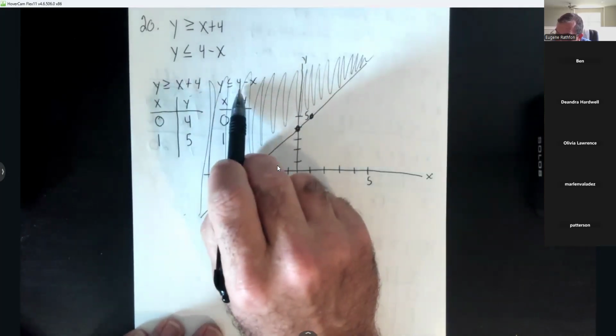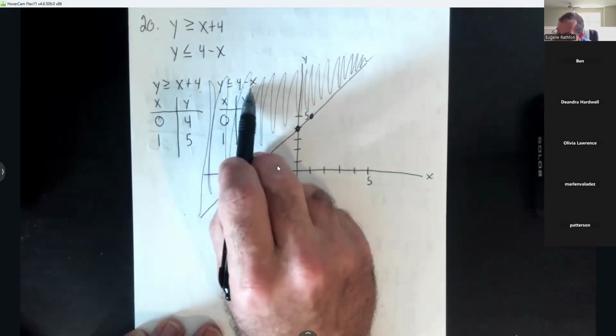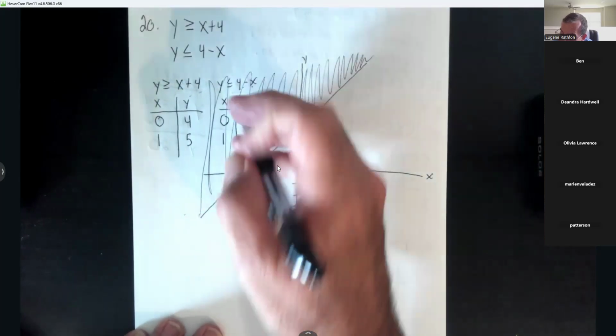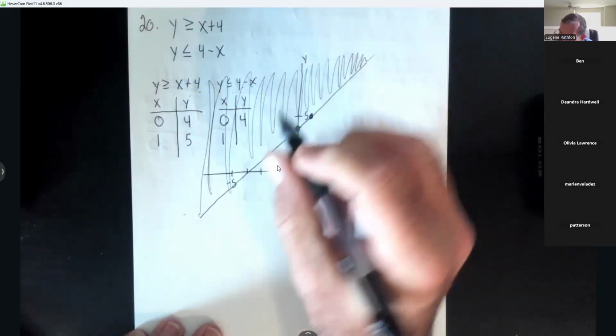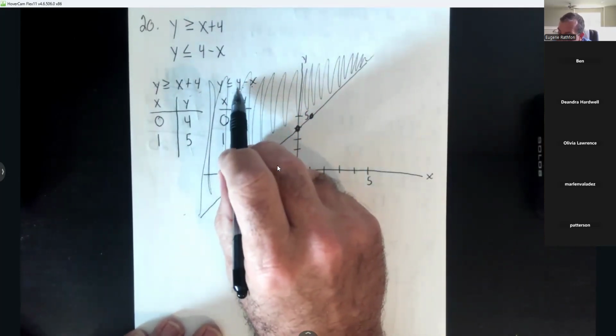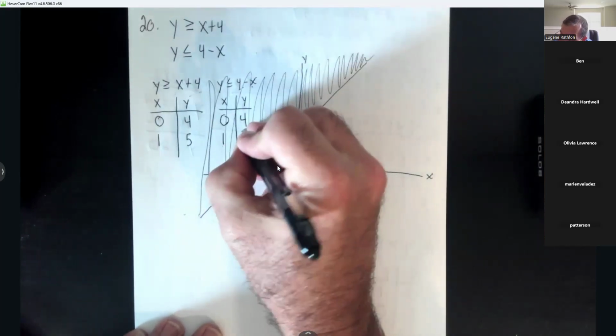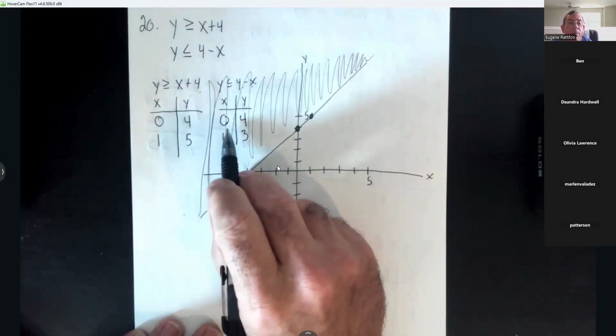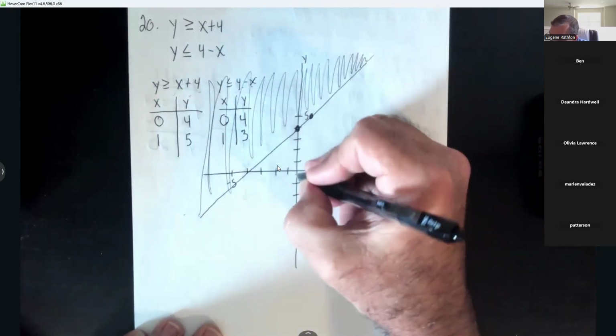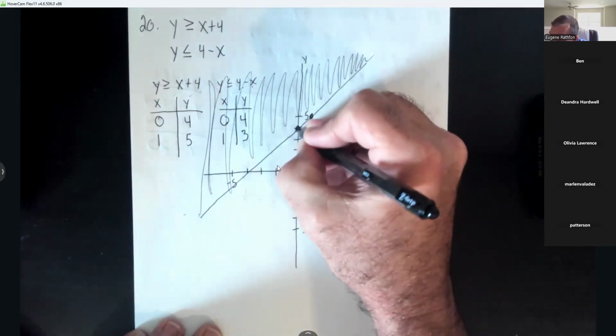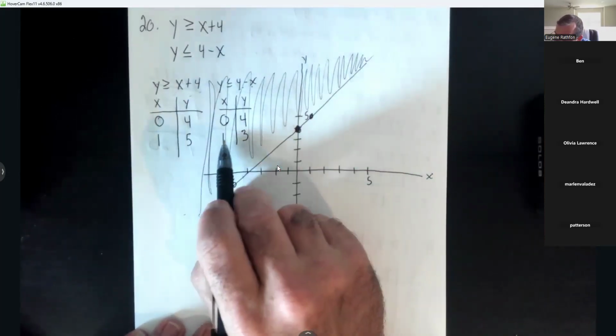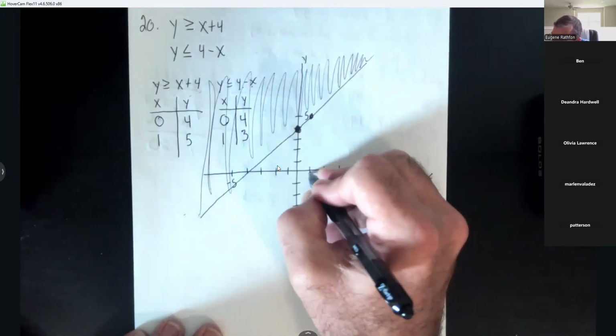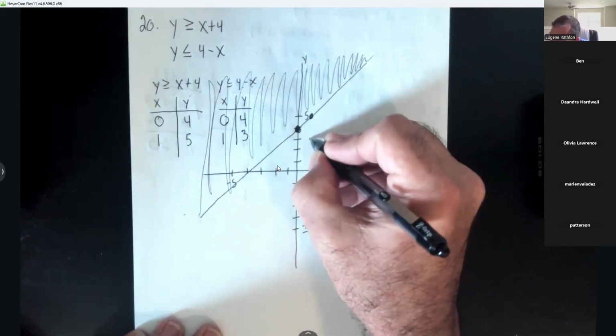All right, so on this one, 4 minus x. If I put a 0 in there, 4 minus 0 is 4. And then if I put a 1 in there, 4 minus 1 is 3. So I got 0, 4 for the second one. So 0, up 4. So that's that same point. And then 1, 3, right 1, up 3.